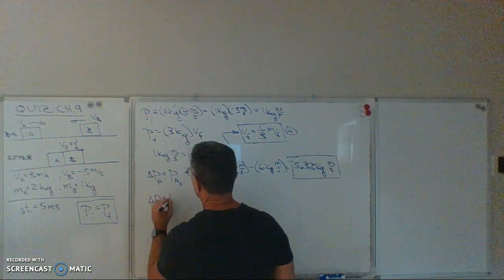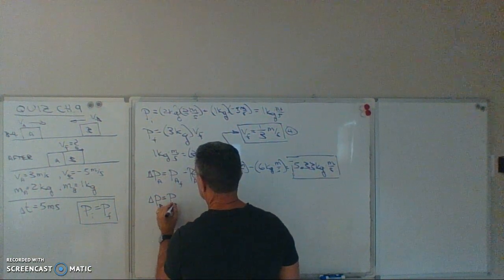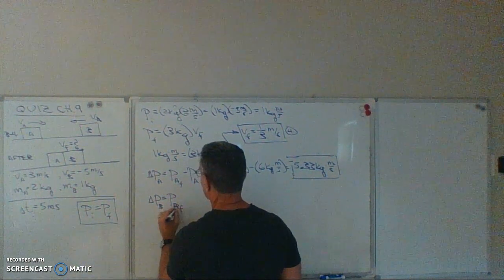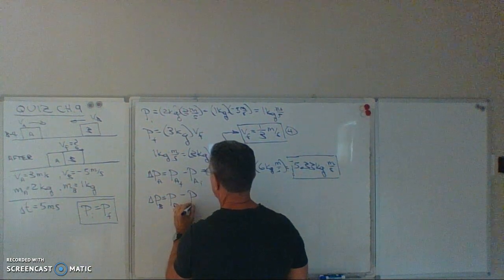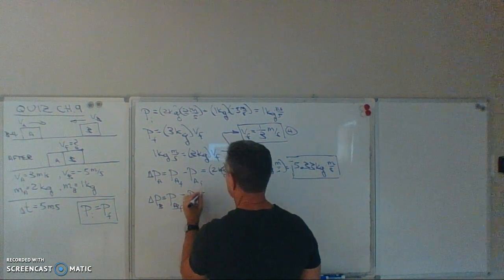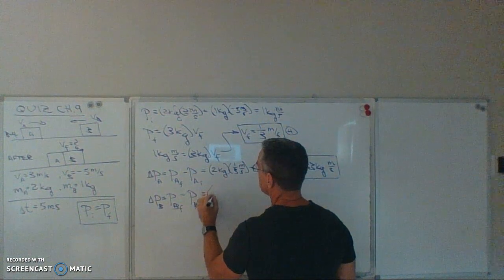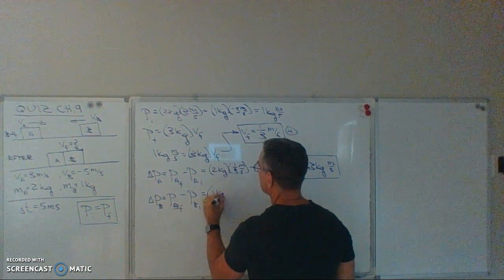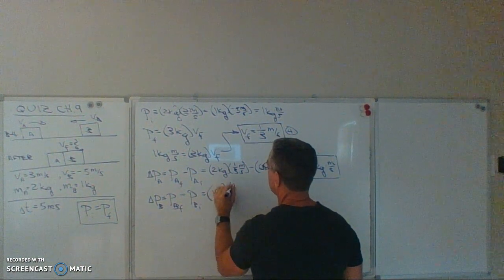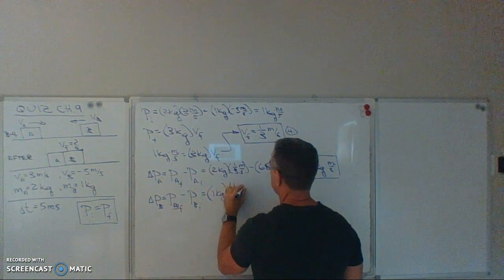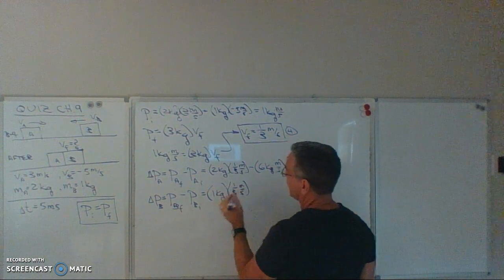Well, it's the same story, right? It's block B's final minus block B's initial momentum. So the final momentum of block B is going to be its mass of 1 kilogram times its velocity, which is also positive 1/3 meters per second, because block A and block B are connected together now.